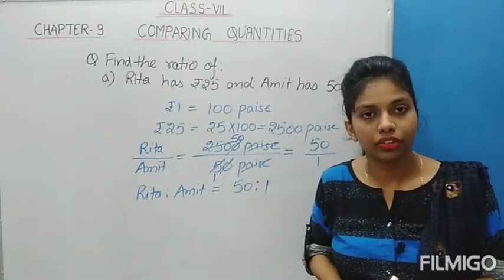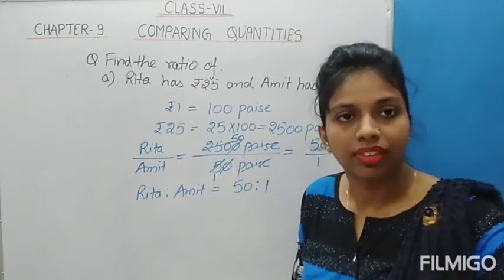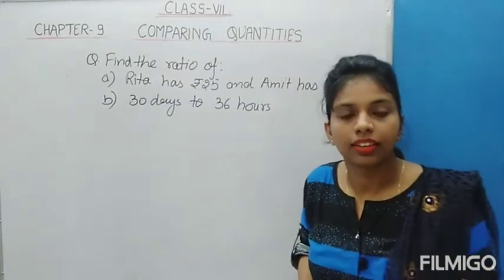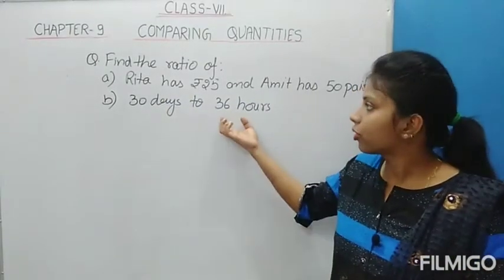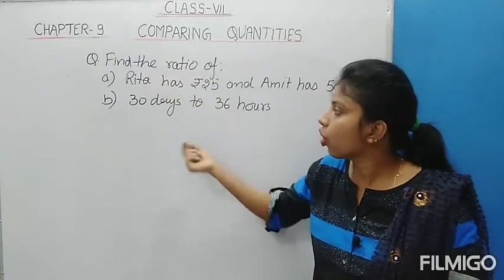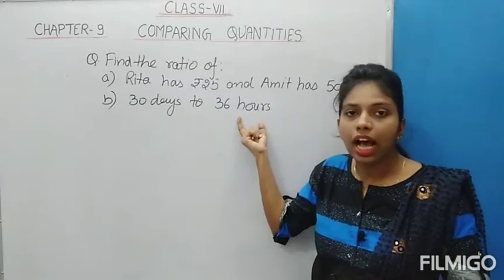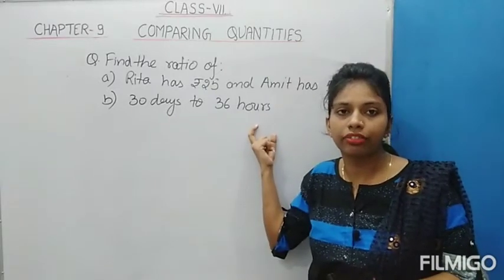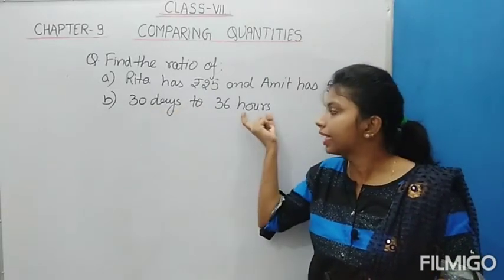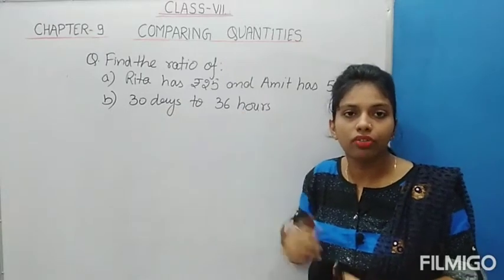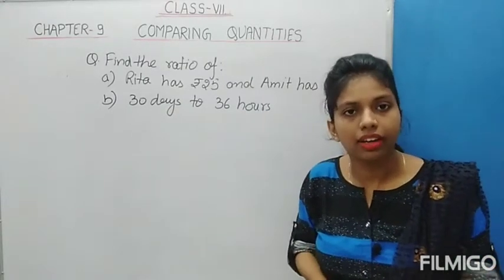Let's do another question. The second part of the same question: find the ratio of 30 days to 36 hours. Again both units are different. Here we have days and here it is hours. So let's convert days into hours.